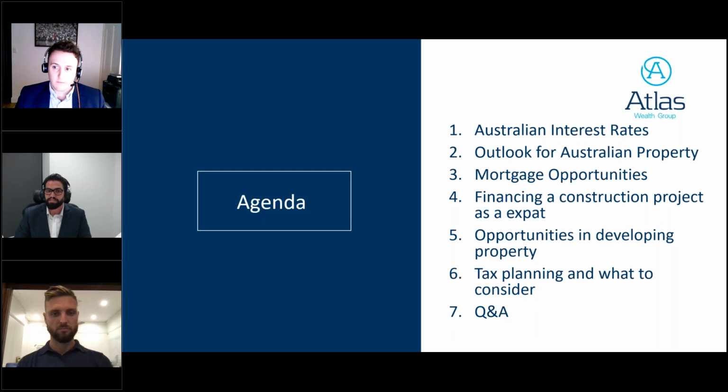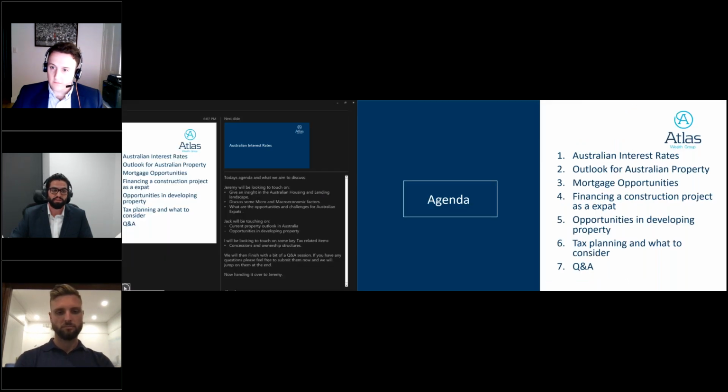Jack's going to give us some insight into the property outlook, what he's seeing and any opportunities he's seeing from developing property. And lastly, I'll be talking around some concessions and ownership structures towards the end. Then we'll open it up for Q&A as we wind out. I'll now hand it over to Jeremy to kick us off into the Australian interest rate and lending landscape. Over to you, Jeremy.